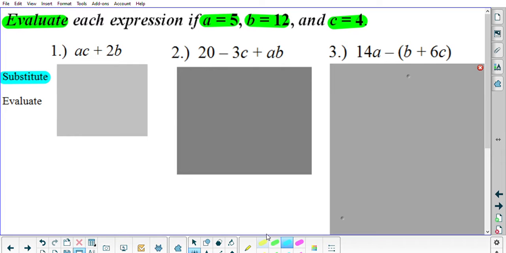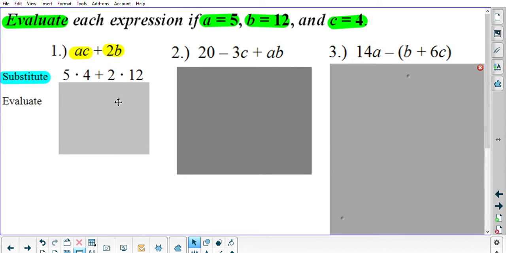Now I need to point something out to you, something I talked about in an earlier lesson. When you have a variable next to another variable, or a number next to a variable, that is going to mean multiplication. So AC, A is 5, C is 4. That's not going to be 54. It means 5 times 4. The same thing with 2B.